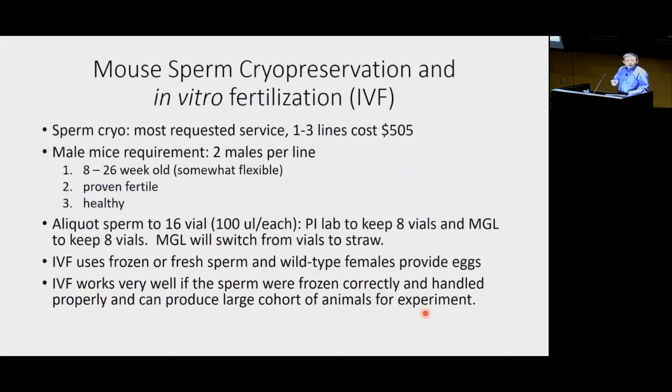Another one I mentioned a few times, especially on the website: if you are a cancer center member, your cost will be half. From my end, I will charge everybody the same. But the accountants on the back end, when they apply it to your grant, will see if you are a cancer center member, and then they will discount half to you. So that's how they do the discount.